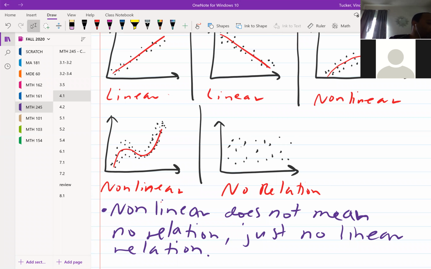And in purple, that's what I was saying earlier. Nonlinear does not mean no relation, just means no linear relation.